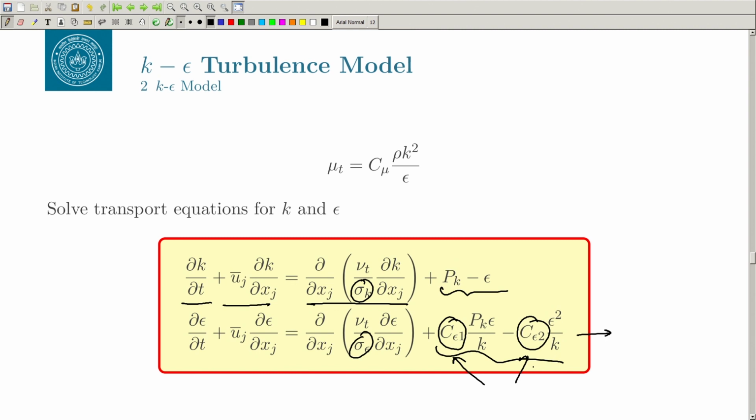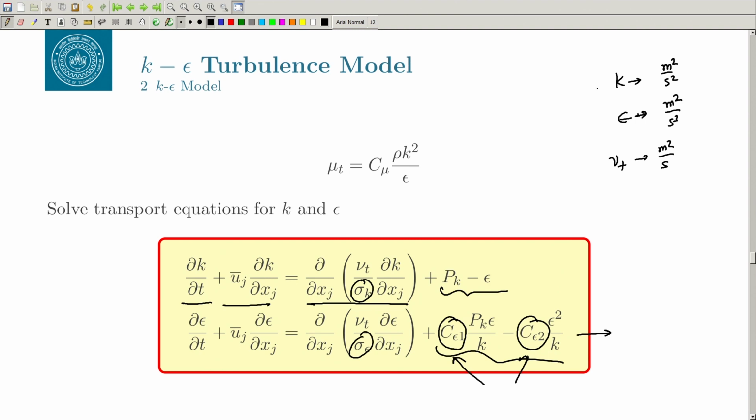So now we have two things: K, which is turbulence kinetic energy, whose unit is meter square per second square, and epsilon, whose unit is meter square per second cube. We are looking for nu T, the eddy viscosity, whose unit is meter square per second. Again, we will go back to the dimensional argument.